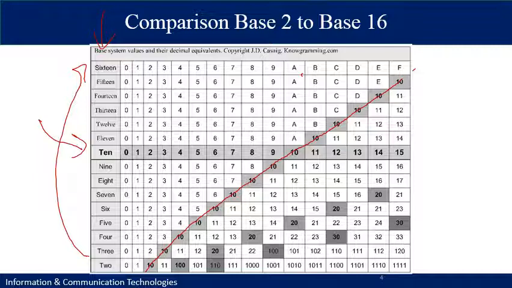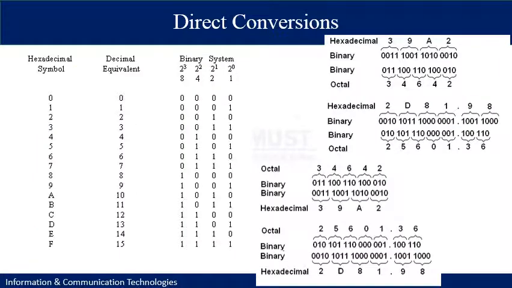The most commonly used number system by humans is the decimal number system, and computers use the binary number system. If you count the numbers in binary, you start the counting from 0. So we have 0, 1, 2, 3, 4, 5, 6, 7, 8, 9, 10, 11, 12, 13, 14, 15. This implies that we can apply the direct conversion method.